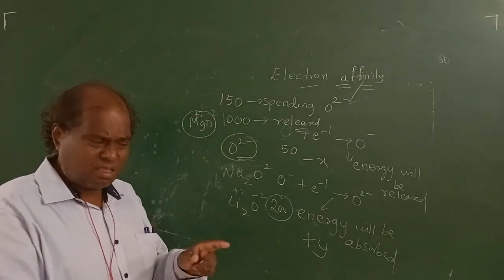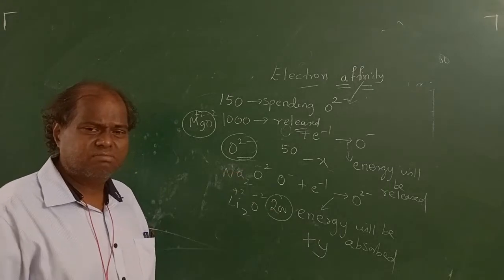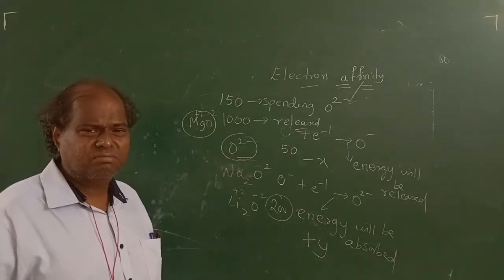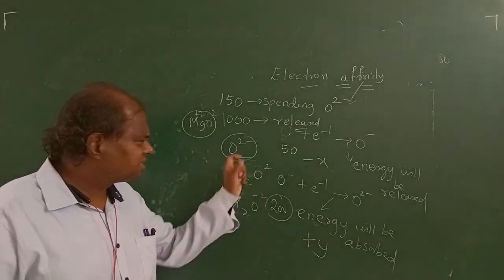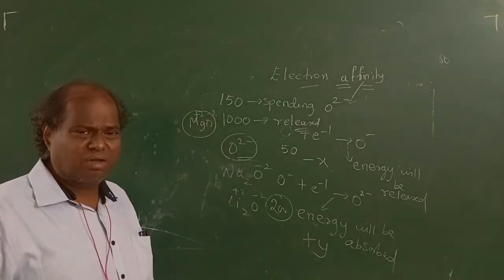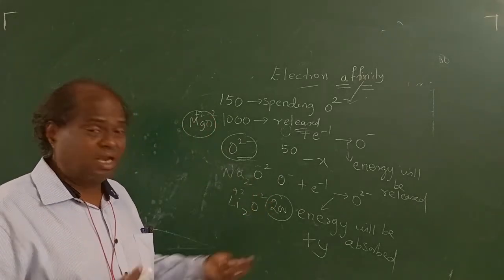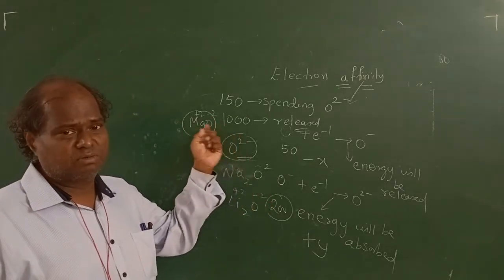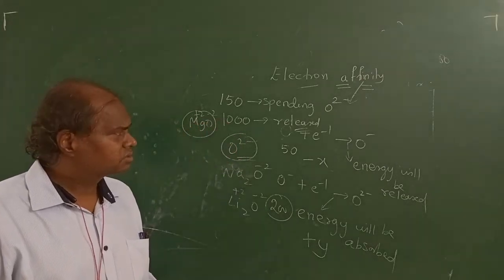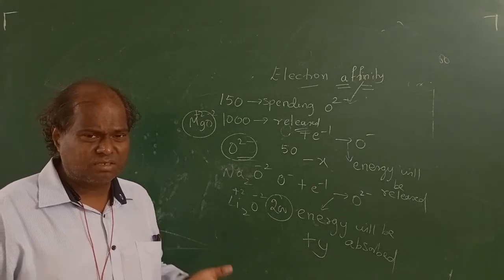If it is alone, it is unstable. It's very unstable if it is alone. If somebody is there along with it, like magnesium ion, calcium ion, then it becomes highly stable, and 1000 energy is released. Okay? So students, are you getting this logic?